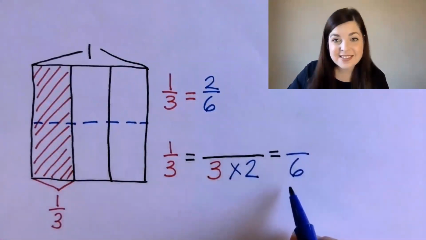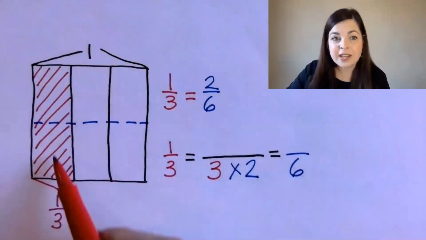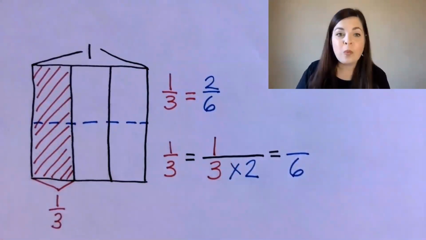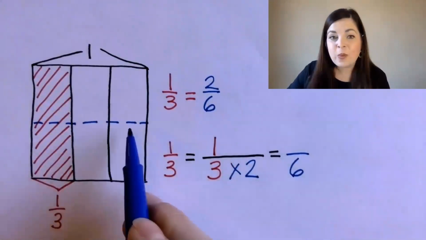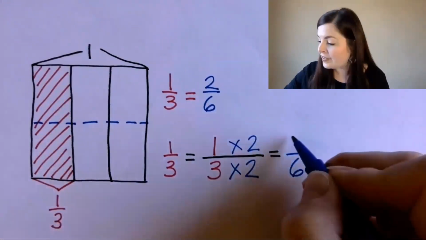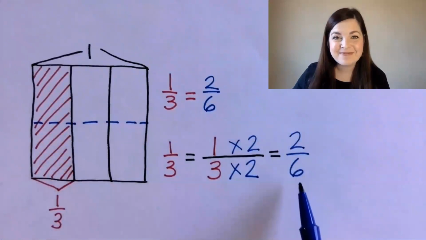We made 6ths. In the beginning, we had 1 unit selected. When we drew that horizontal line, we got 2 times as many units selected. Now we have 2 units selected. So now we've shown with multiplication that 1/3 equals 2/6.